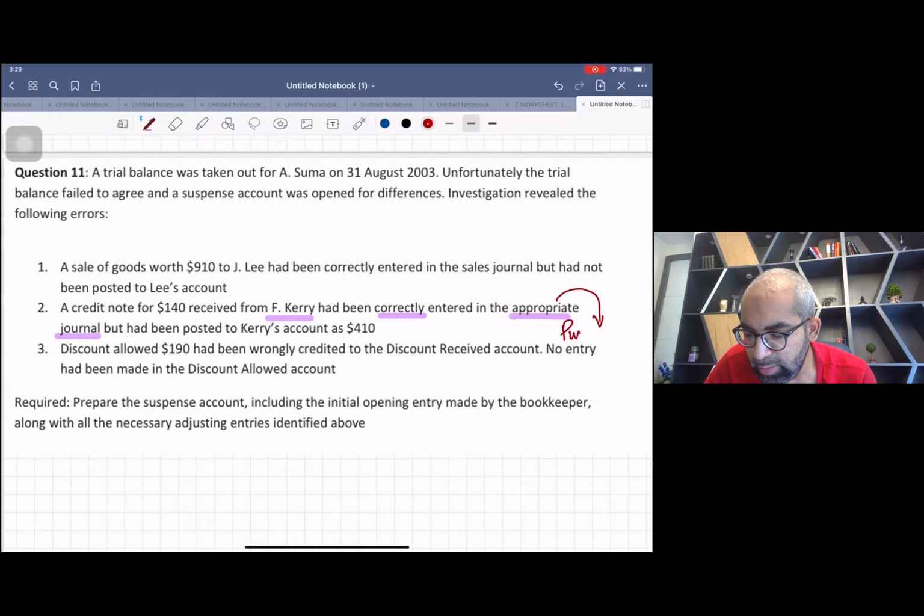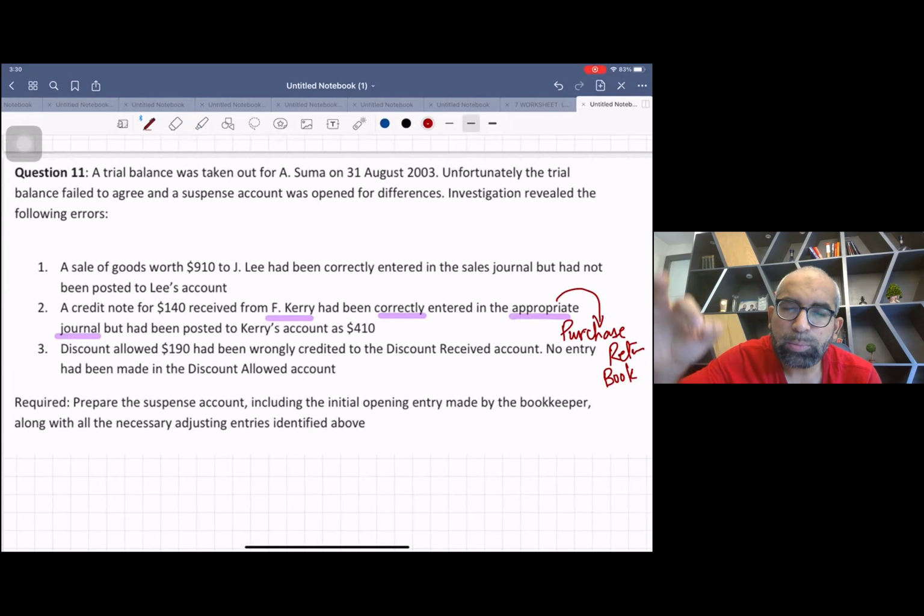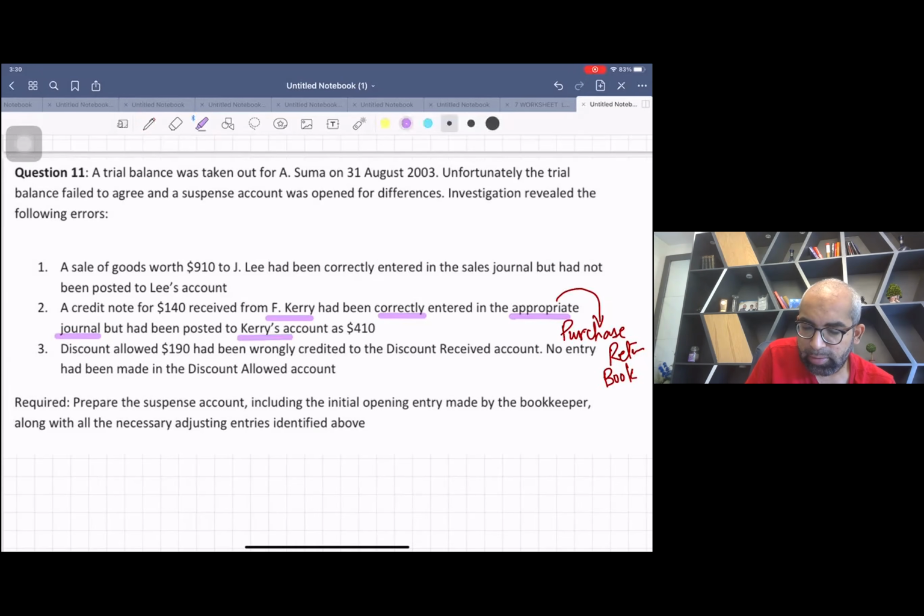So that means it is posted correctly in the purchase return book, which means purchase return is perfect. So the only error is in Carry's account, which means the creditor's account. Okay, so try this, and you need to calculate the opening balance.